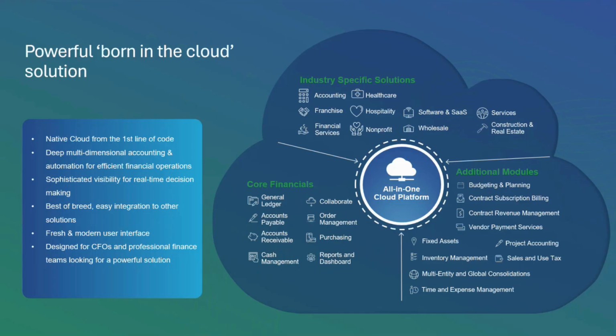To my right, possibly to your left, we have a cloud diagram. Sage Intacct is not a blanket approach type of system. We play into different industry verticals, some of those being accounting, franchise, nonprofit, wholesalers. And as you would know, with most of our legacy systems, it is a stock standard system. And then from there on, we need to make it work for all the industries.